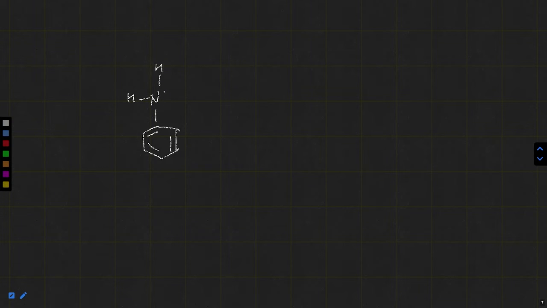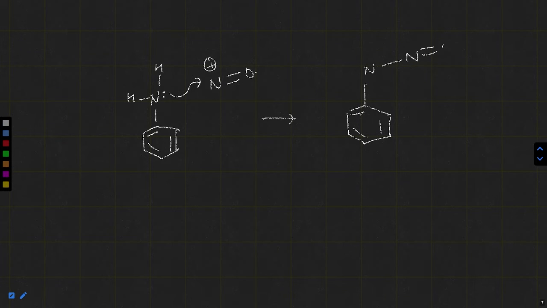This aniline will have the lone pair. Now this is your nitrous acid. This is having a positive charge here. First of all, this lone pair will attack. And this will create an NO with a positive charge on this nitrogen.